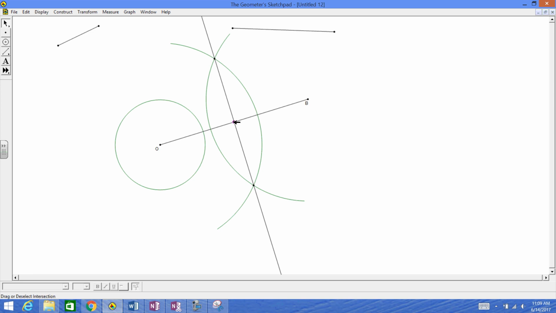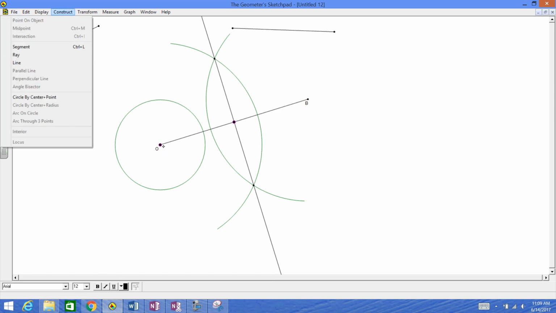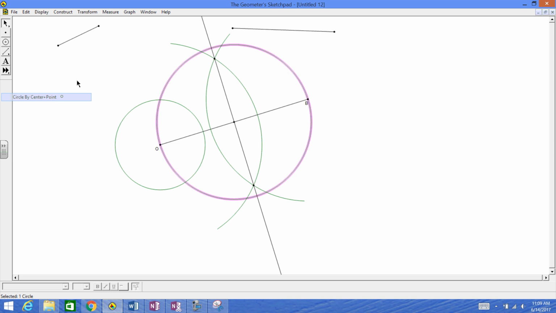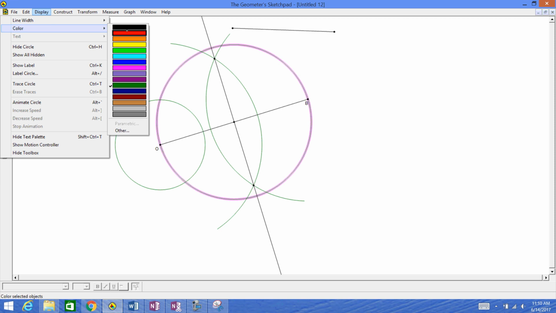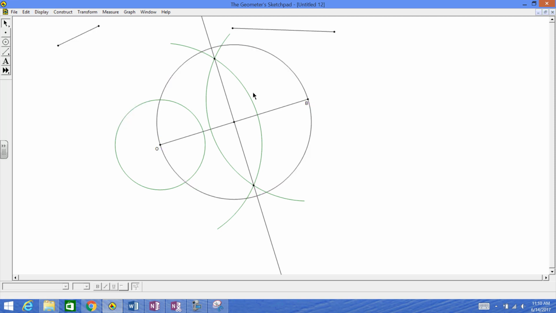Now, I'm going to take my compass tool, put the center of it there, and then I'm going to draw that circle that opens up here. All right. Now, that is our key concept here. Let's make it a different color. All right.